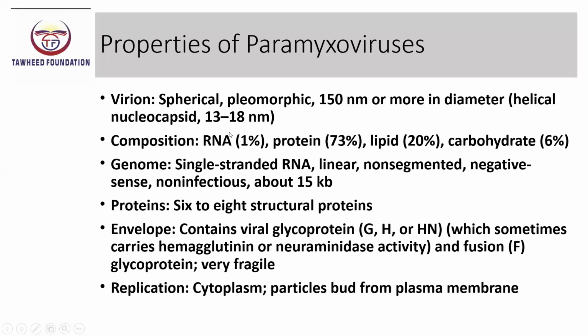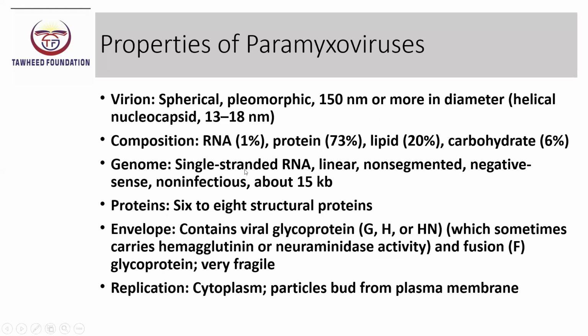Properties of this virus. First, the virion is spherical in shape, pleomorphic, 150 nanometer or more in diameter. It has a helical nucleocapsid, 13 to 18 nanometer. Its composition is 1% RNA, 73% protein, 20% lipid, and lastly 6% carbohydrate.